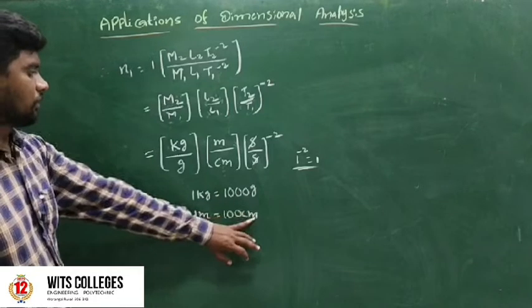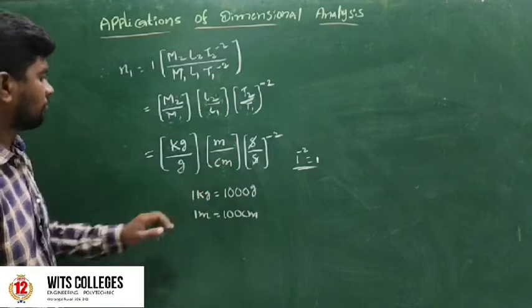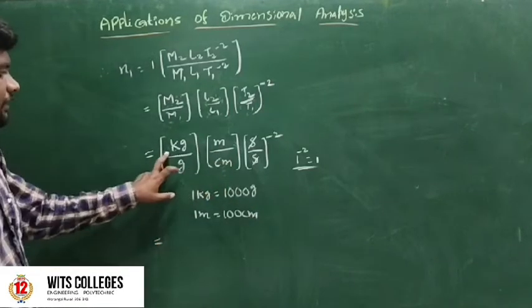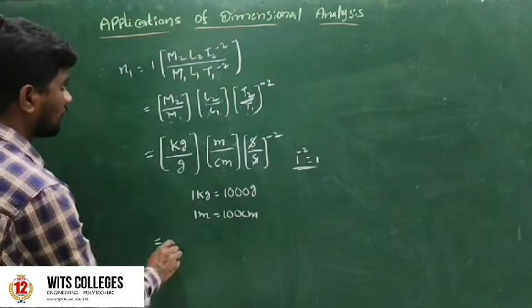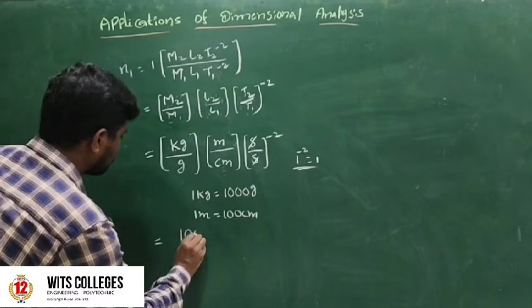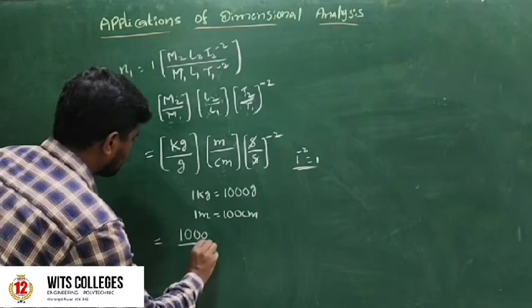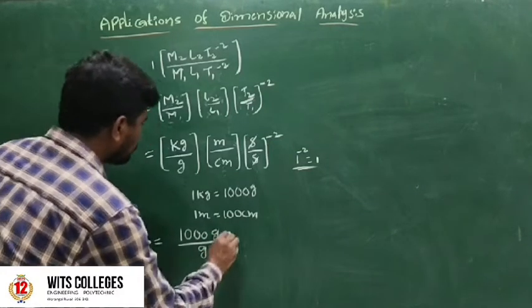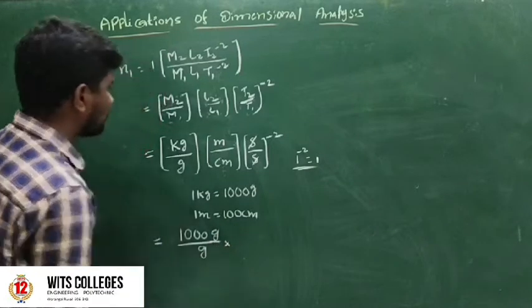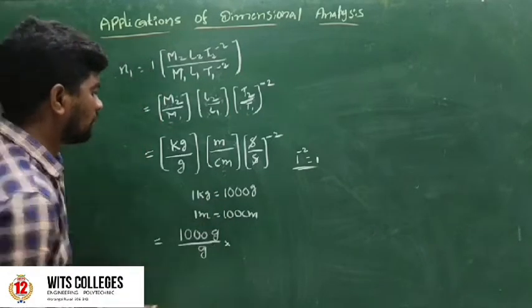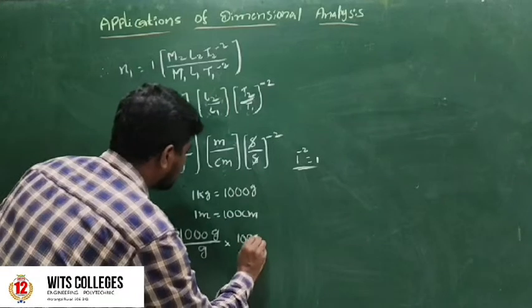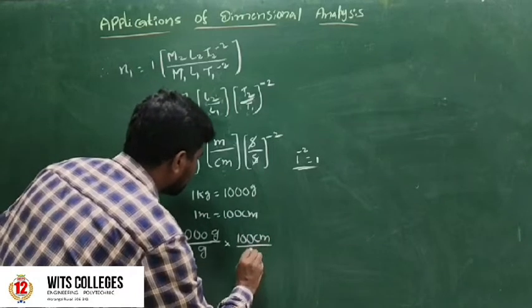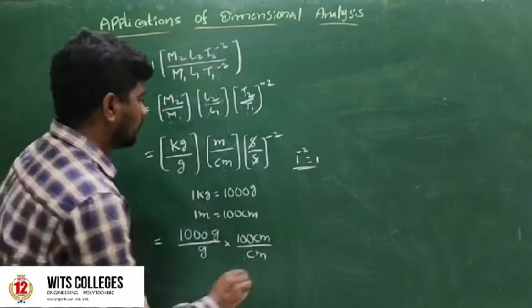Substituting these values in the equation, 1 kg is equal to 1000 grams, 1000 grams by gram. Next, the meter: 1 meter is equal to 100 centimeters, 100 centimeters by centimeter, into 1.